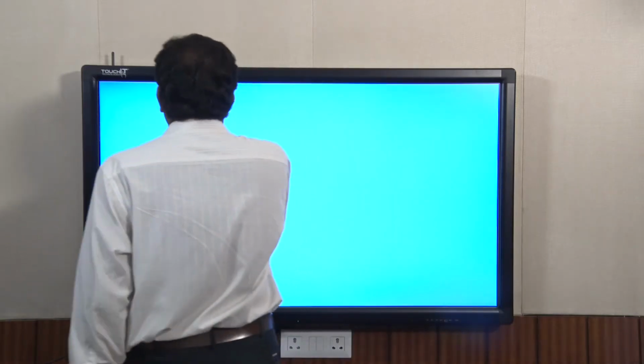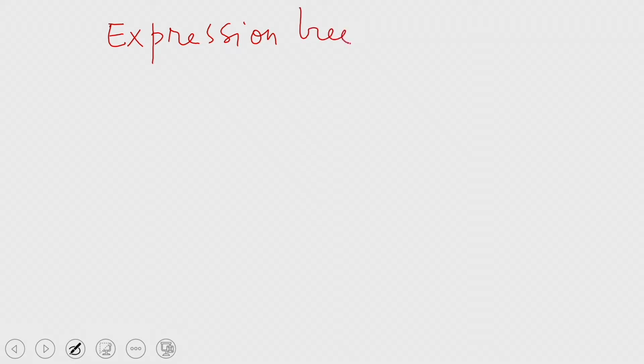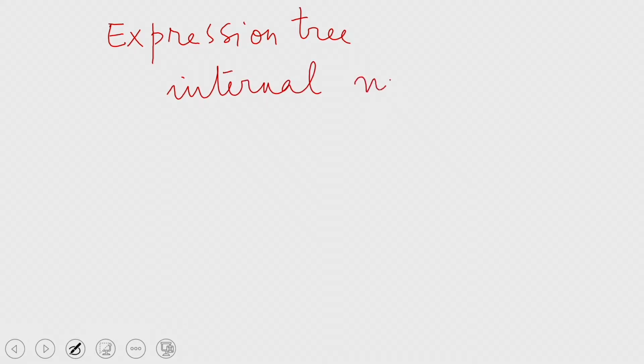An expression tree, as we saw earlier, consists of internal nodes with operations in them.